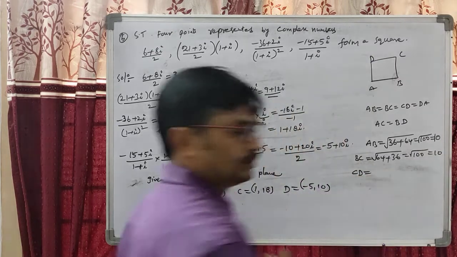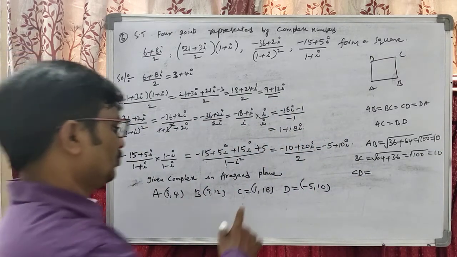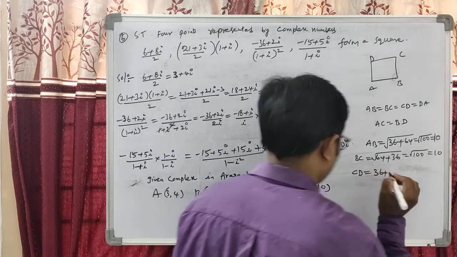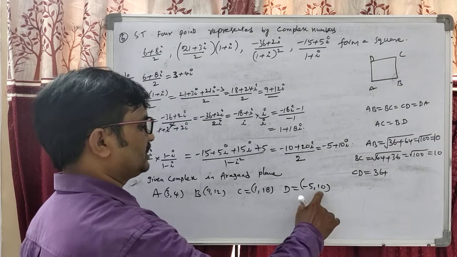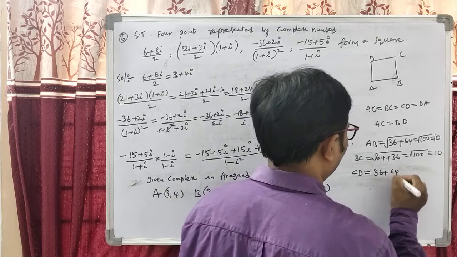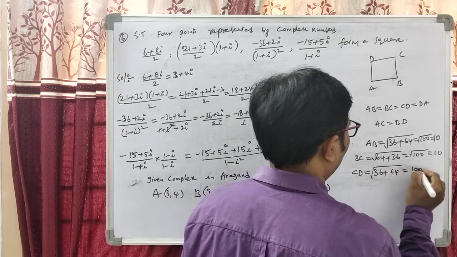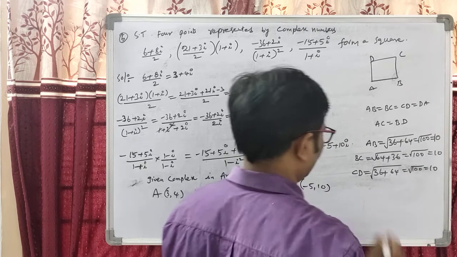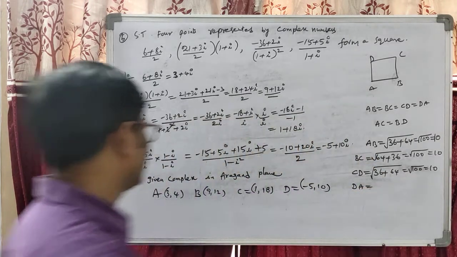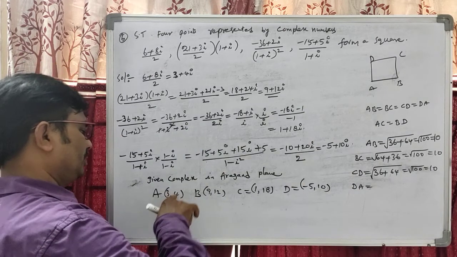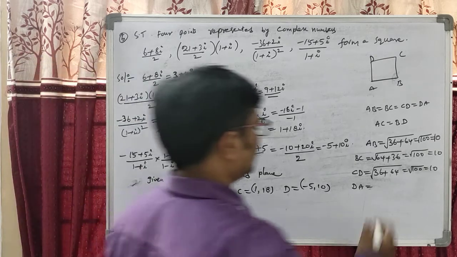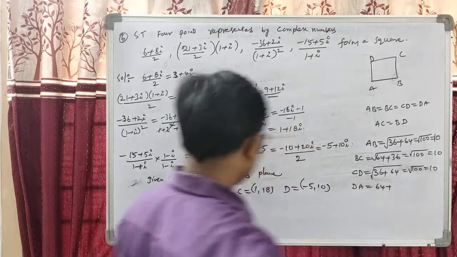After that CD. How to find CD? 1 minus of minus 5 is 6, 6 square is 36. Then 18 minus 10 is 8, 8 square is 64. So this is also 100, that is 10. AB, BC, CD, DA. DA can be written as 3 plus 5, that is 8, 8 square is 64.